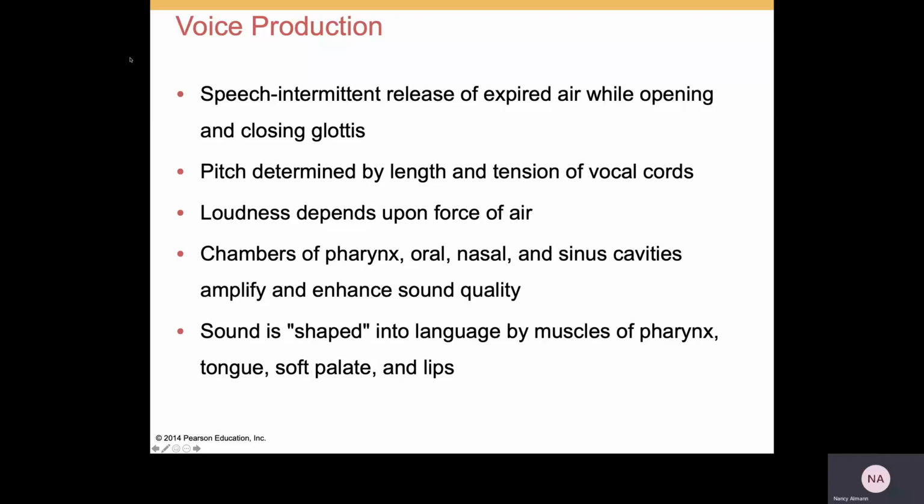So if you want to project your voice, you want to sound louder, you're going to be pushing more air out. We know that the pharynx, oral, nasal, and sinus cavities will help amplify and enhance sound quality. And the sound is shaped or formed into language by muscles of the pharynx, the tongue, as well as the soft palate and the lips.